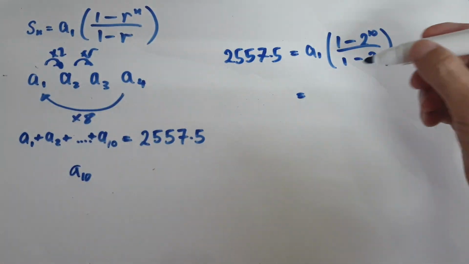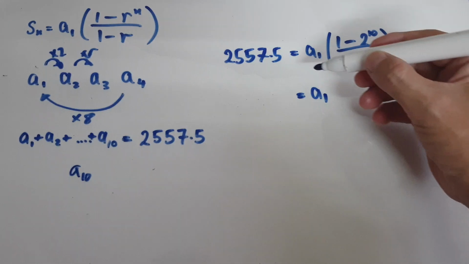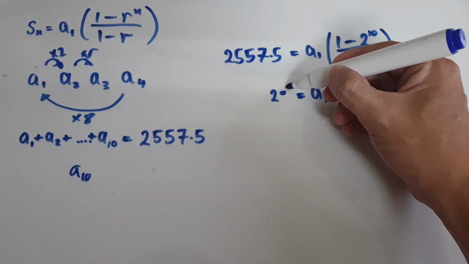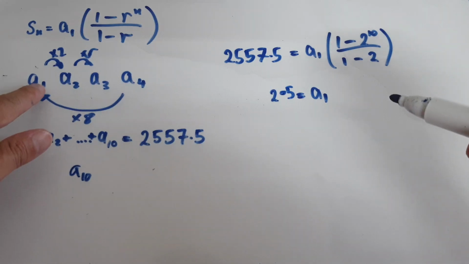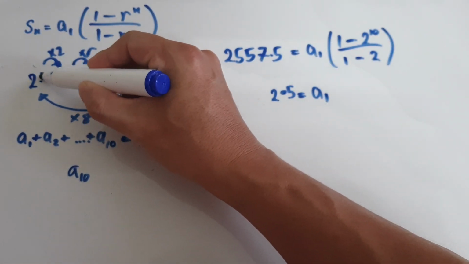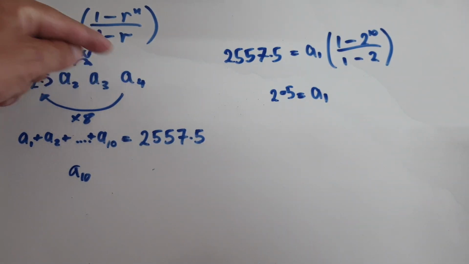Jump to your calculator. I did it earlier. A1 turns out to be 2.5. So our first term is 2.5, and then all we need to do is jump 9 times.